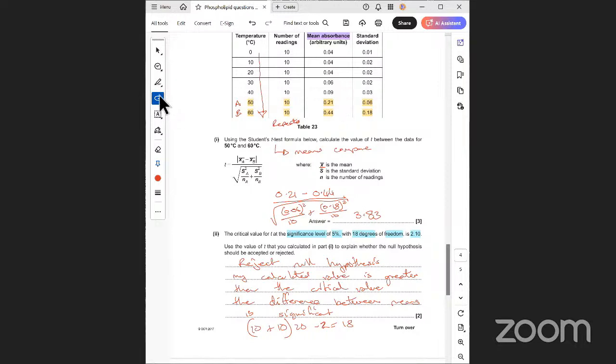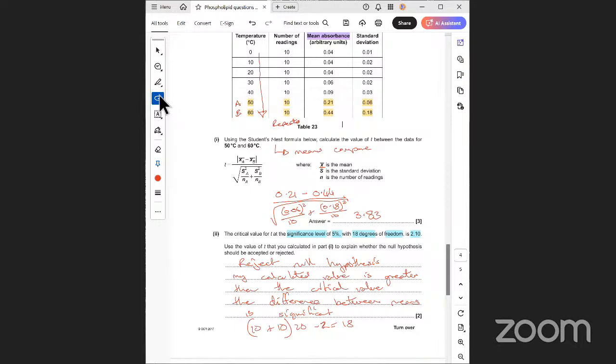Now, if I had actually got a number which was lower, so if I'd calculated the wrong answer to the one above and I got an answer which was less than 2.10, for example, if I'd got a negative number, I would have needed to use that value, because they will read your whole answer and double check what you've actually written, and you have to follow what you calculated.